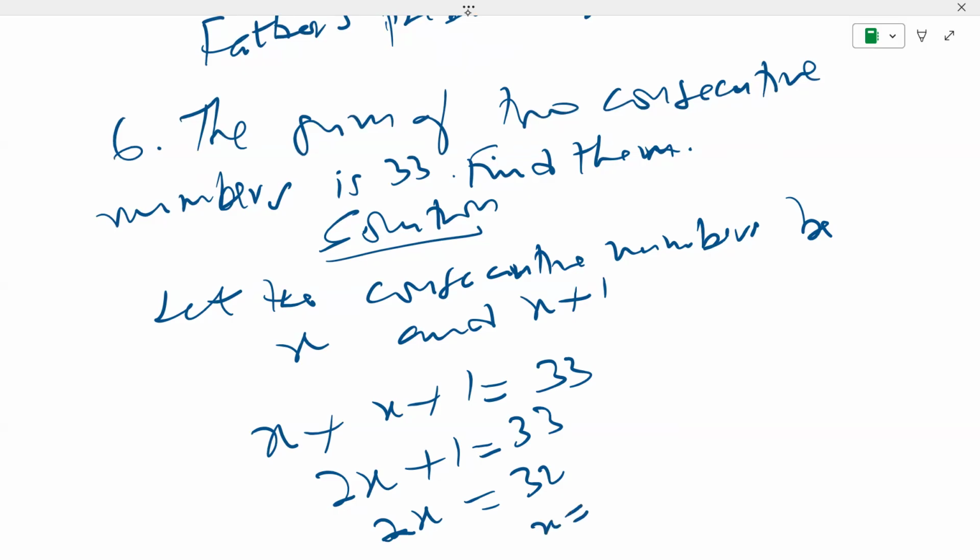And so we shall get 16. So this is the number. So it means that the numbers that we are looking for will be 16 and 17, because we have x and then x plus 1. So these are the numbers we are actually looking for.